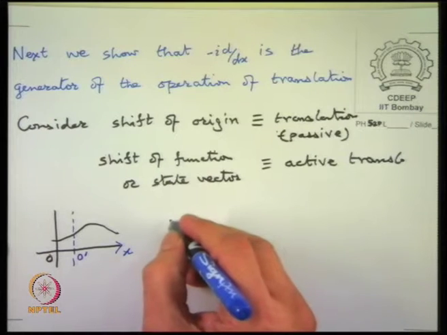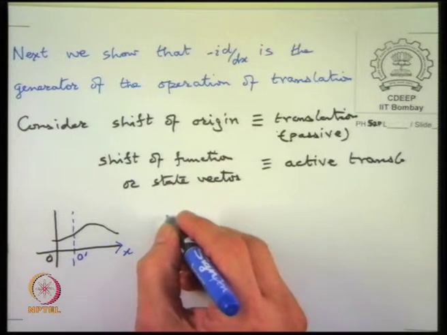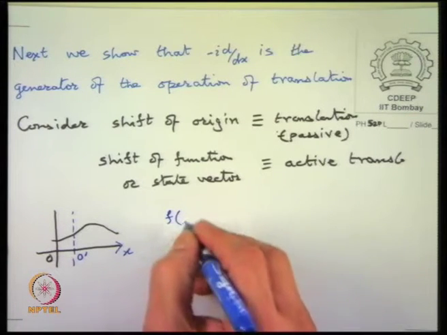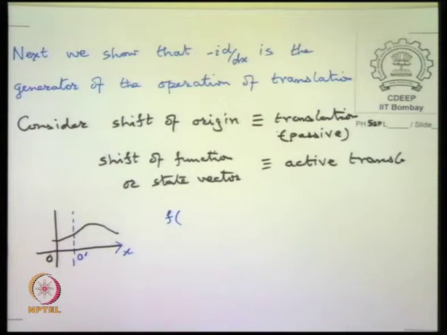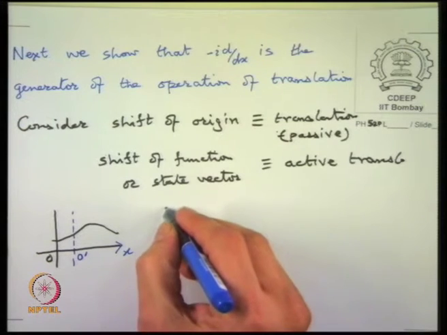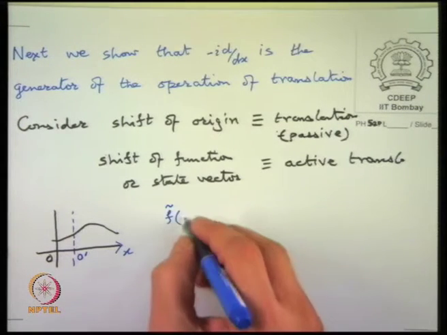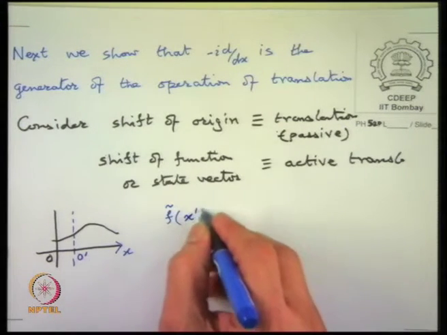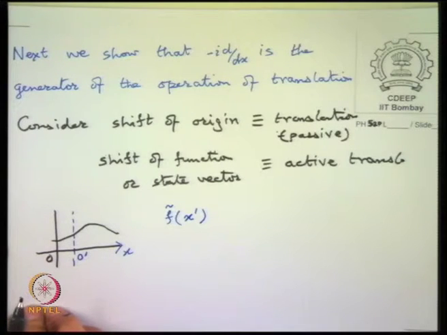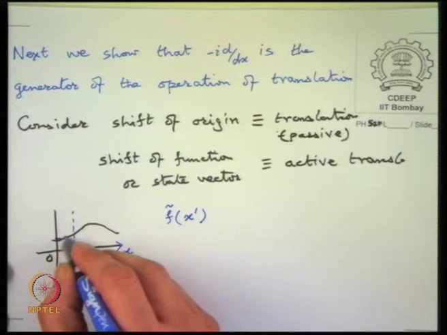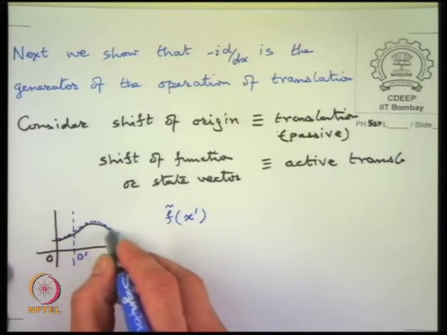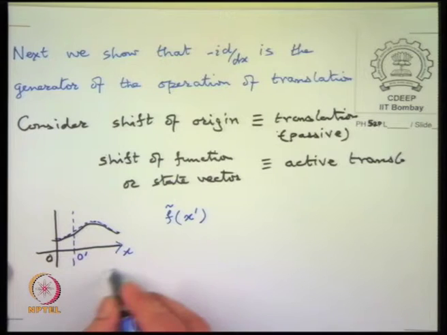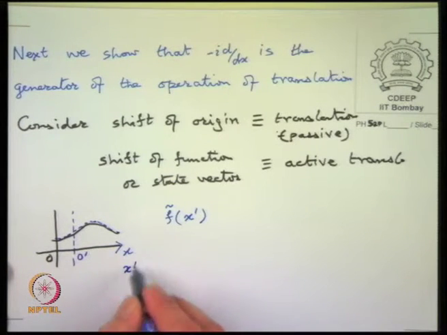So I have some new function f tilde of x prime system, where f tilde, I can draw it in blue, is the very same curve, but thought of in terms of the x prime system that starts with O prime.